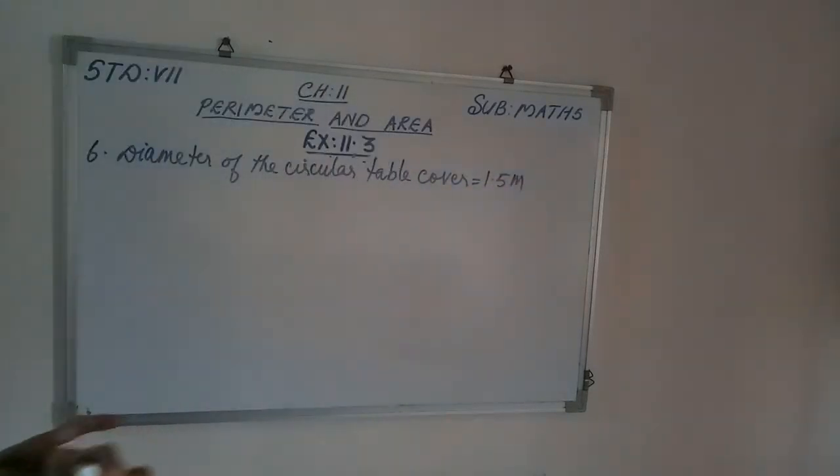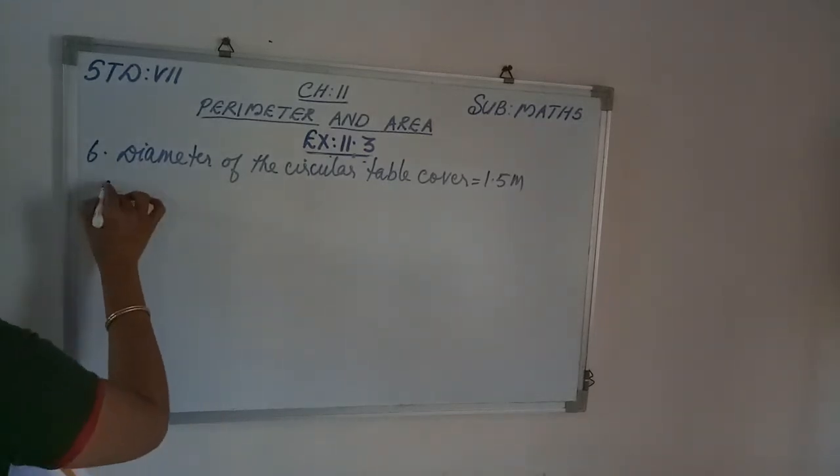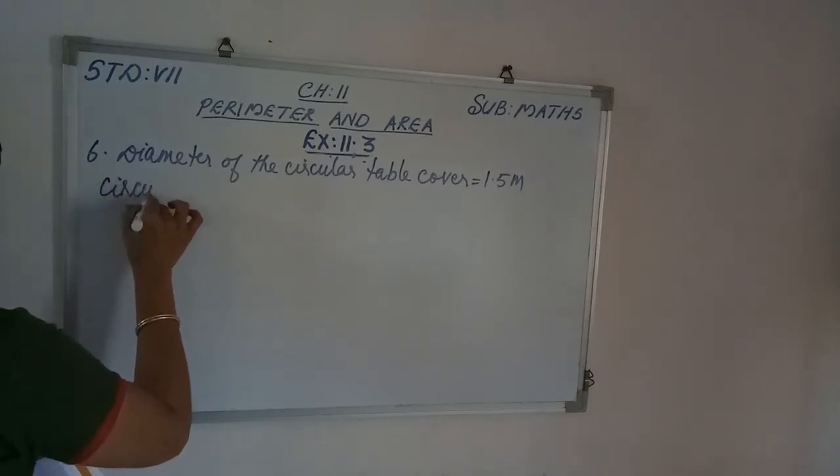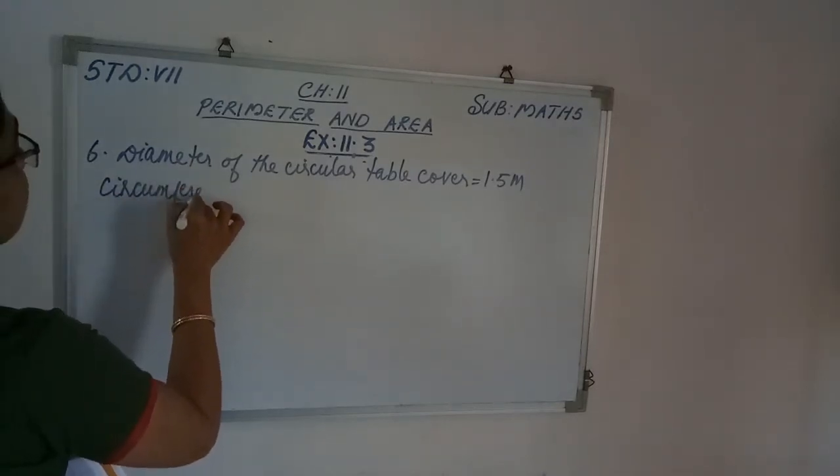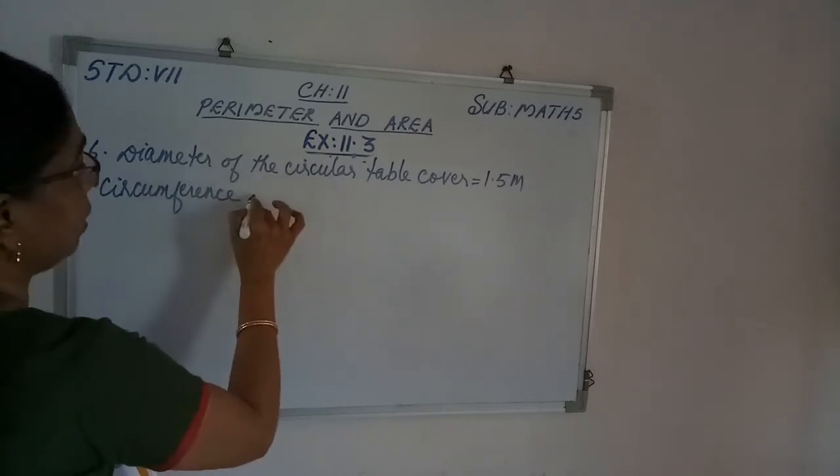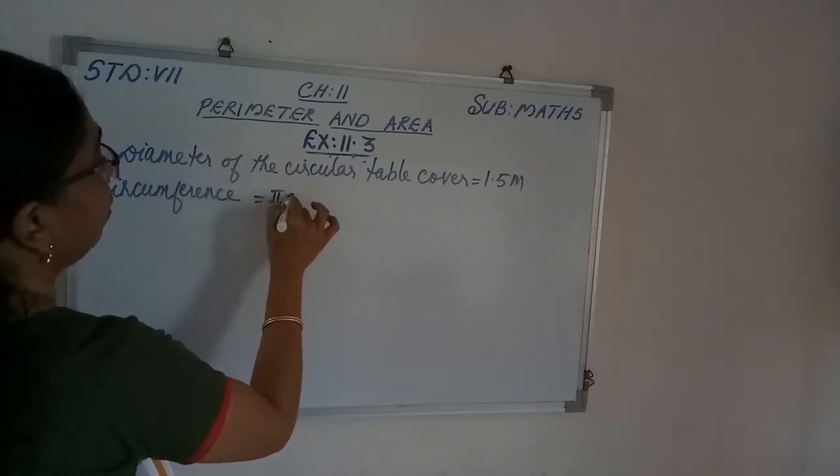is 1.5 meter. Now, what you have to find out? Length of the lace required. You know that the length of the lace required will be equal to the circumference of the circular table cover. So we can find out the circumference using the formula. Circumference of the circular table cover is equal to pi multiplied by d.